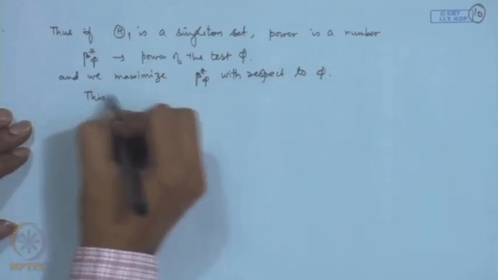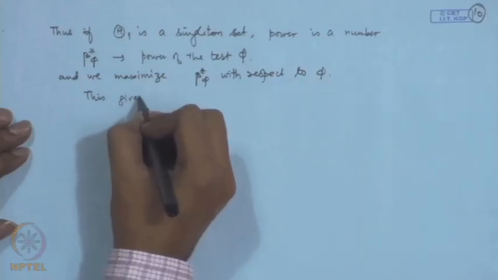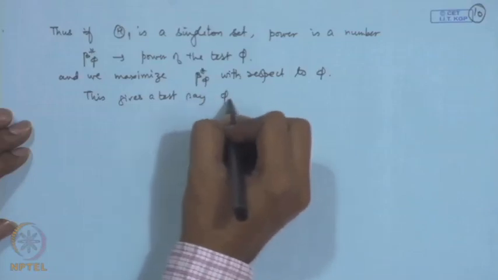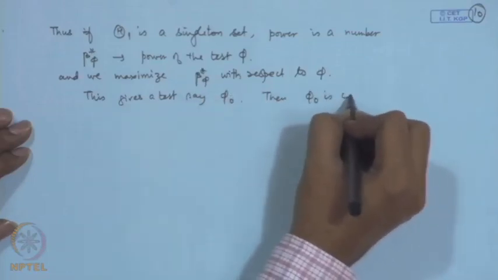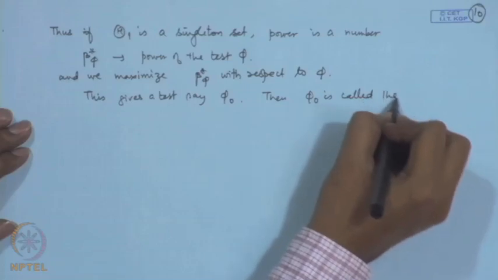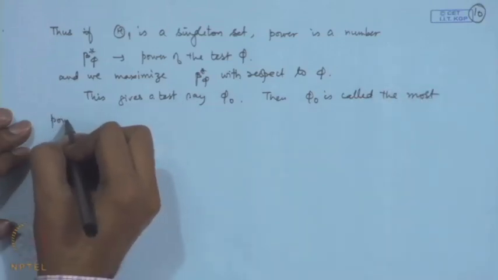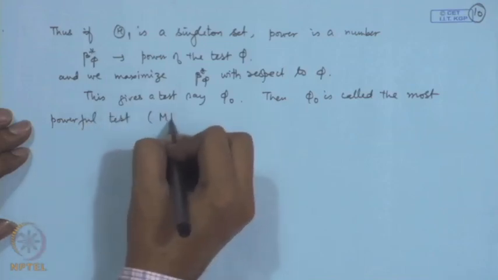This gives a test, say phi naught, and then phi naught is called the most powerful test, that is MP test.